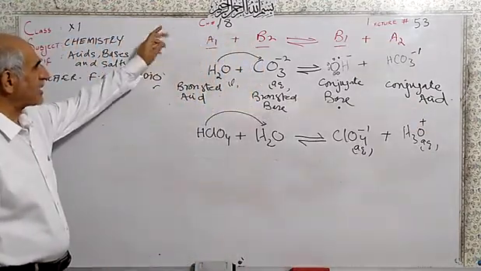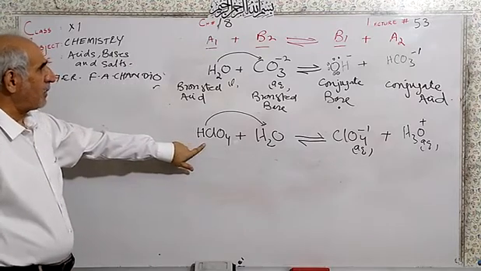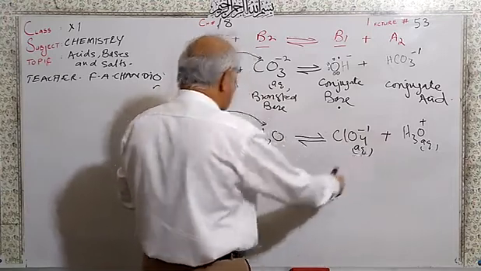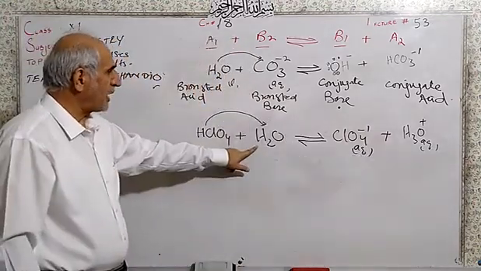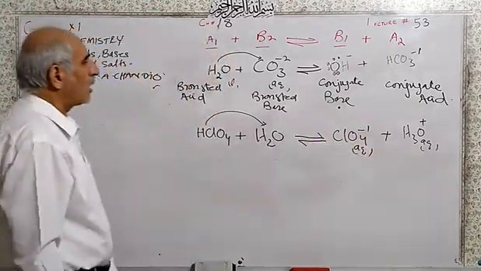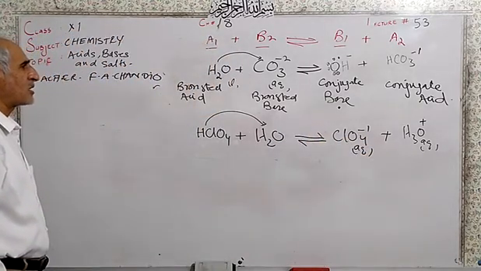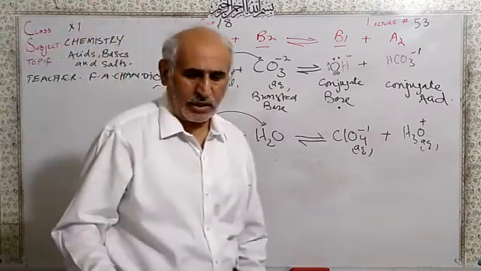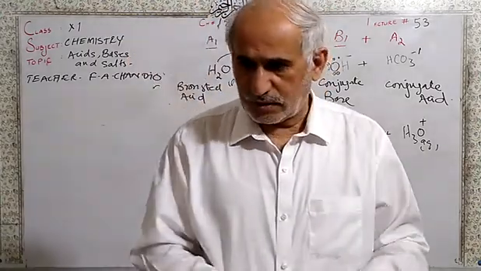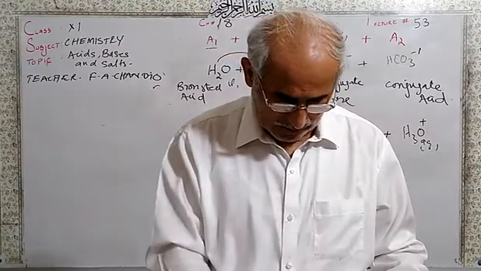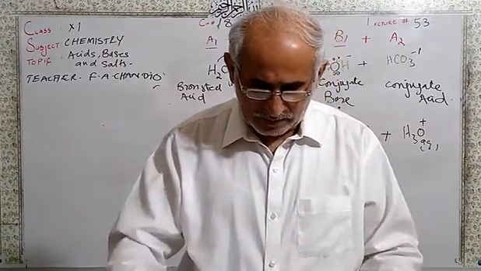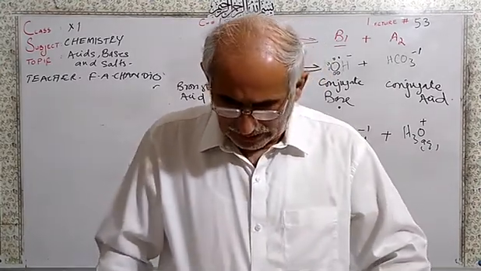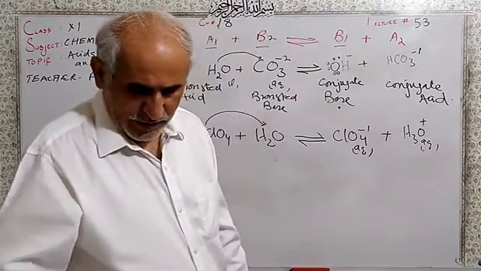So acid base pairs: Bronsted acid with the conjugate base, and Bronsted base with the conjugate acid. A1, B2, B1, A2 are called acid base pairs. Conjugate acid base pairs, major concept, identification I told you. Now, students, strength of acids and bases.